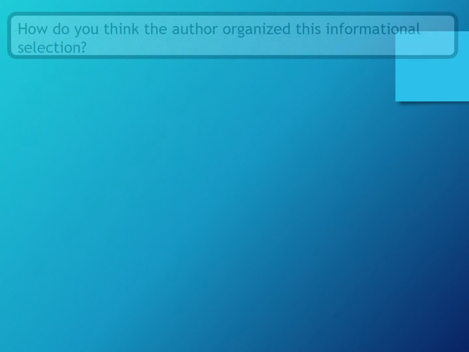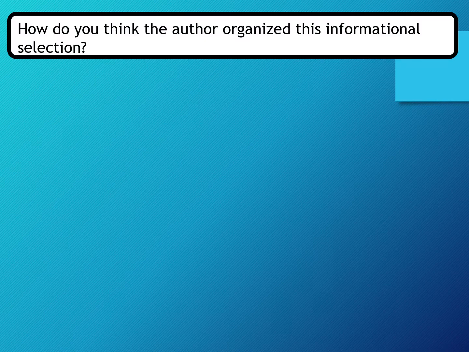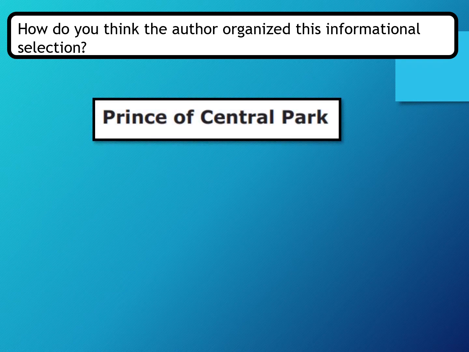We're going to move on now to trying to guess the organizational pattern of the selection. How do you think the author organized this informational selection? We already know that the title is Prince of Central Park, so let's place that at the top. Let's place it first, as that is where we typically find the title of the selection, pretty much at the forefront.